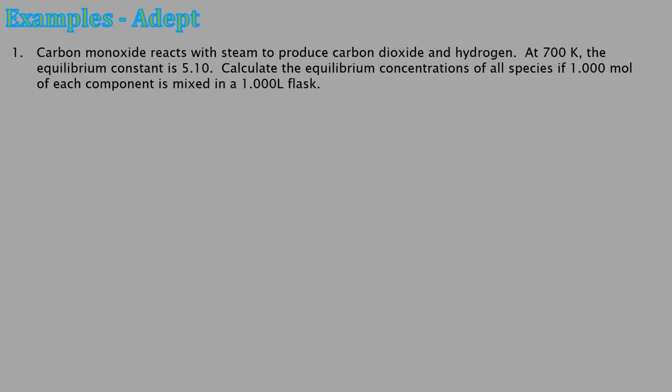All right, I'm given a reaction, and I didn't type it out. I don't know why not, but I didn't. I have carbon monoxide, which is a gas, reacts with steam, which is a gas, to produce carbon dioxide gas and hydrogen gas.